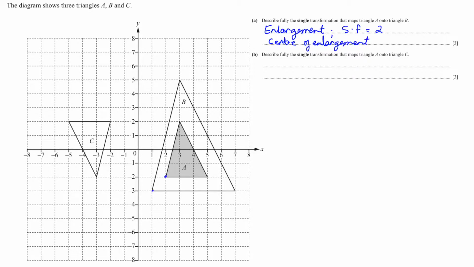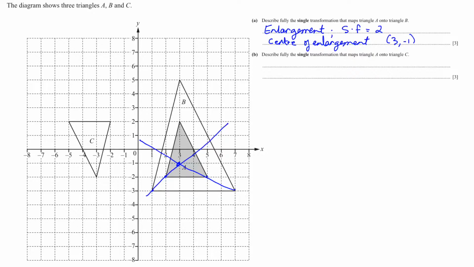This point and this point, we are going to join it, and then this and this. You can see they meet at this point here, which is when x is 3, y is -1. So that's your center of enlargement.